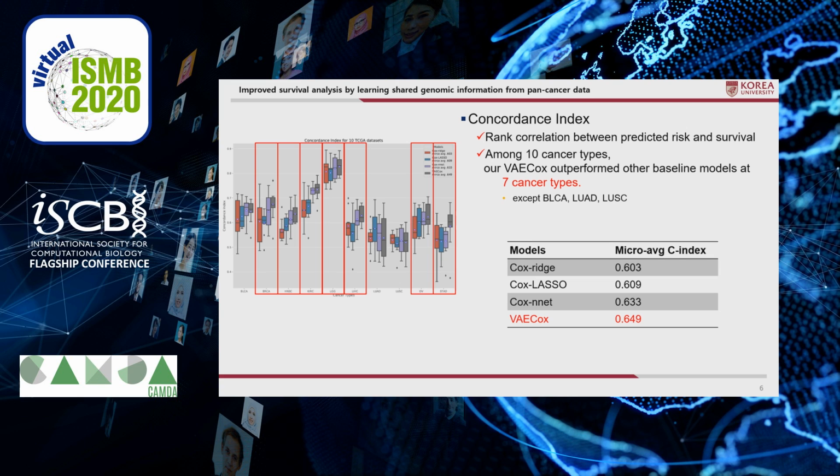And all the hyperparameters, like the number of hidden nodes or regularization, are tuned based on 5-fold cross-validation over the training set. We find that our VAE-Cox outperformed other baseline models at 7 cancer types among 10 cancer types. And our VAE-Cox outperformed other baseline models in terms of the average concordance index of 10 cancer types.